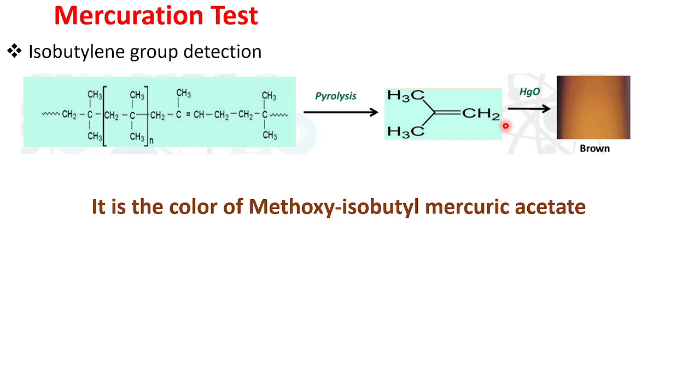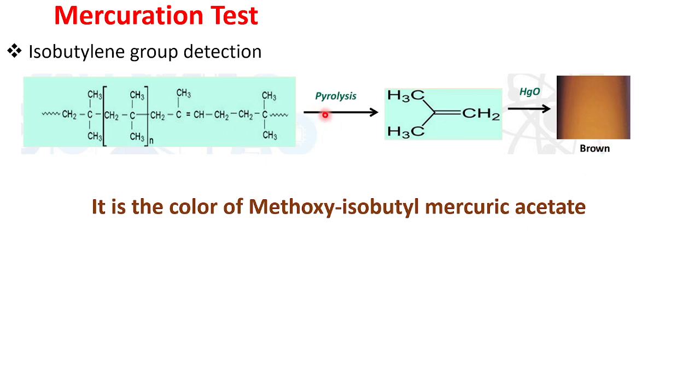First you need to form that isobutylene, then if a filter paper soaked with HgO is dipped inside the mixture, the color of the soaked paper will turn brown, because methoxy isobutyl mercuric acetate is formed, and that shows the brown color.